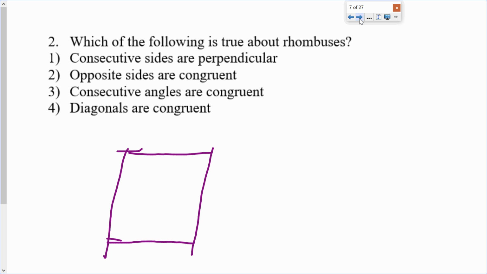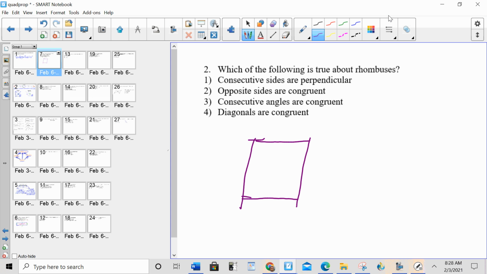All right. Consecutive sides are perpendicular. The consecutive sides, the sides that are touching, are perpendicular if they form right angles. That is not a right angle. That is not true. Opposite sides are congruent. Are the opposite sides congruent? Yes, they are. Consecutive angles are congruent. Well, consecutive angles would be this one and this one.